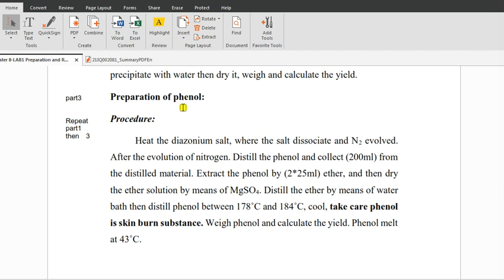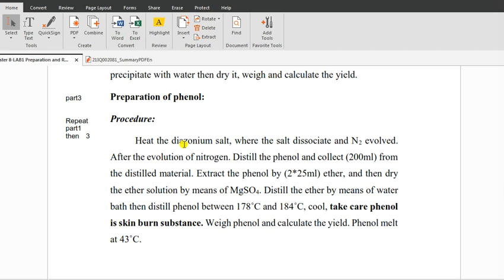Again, preparation of phenol from diazonium salt. You have to prepare diazonium salt like in part 1, and then just by heating the beaker of diazonium salt in the hood, nitrogen will evolve, losing N2 and producing phenol. This phenol is impure.